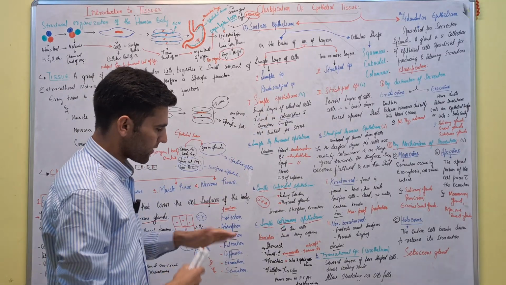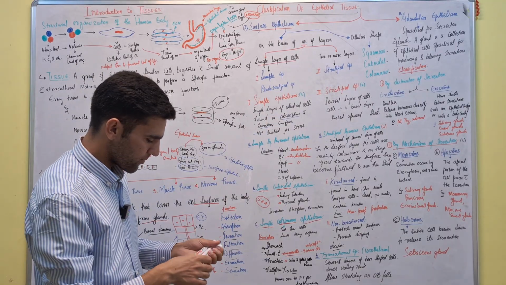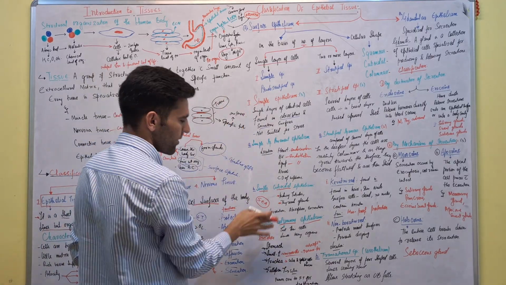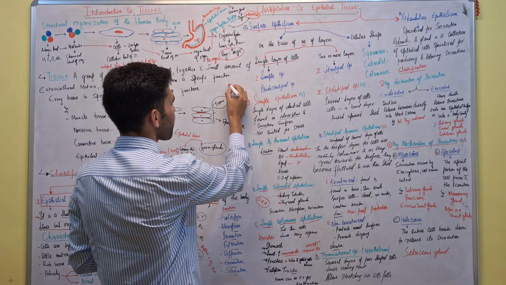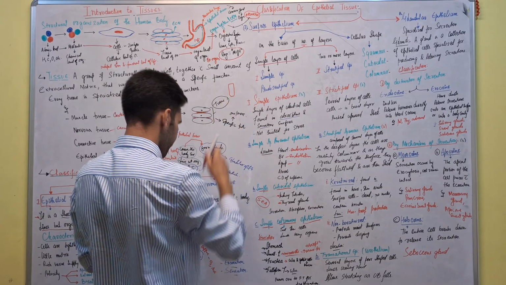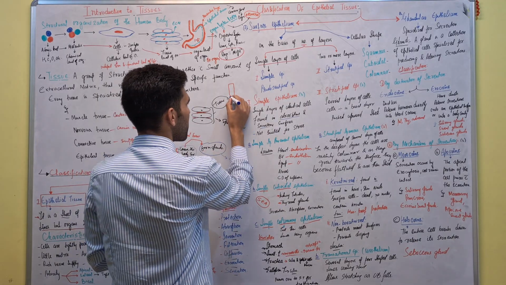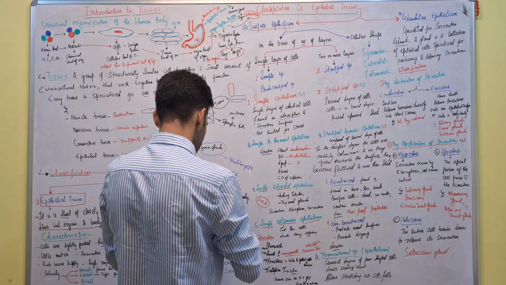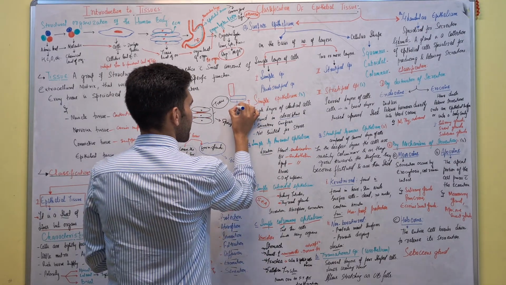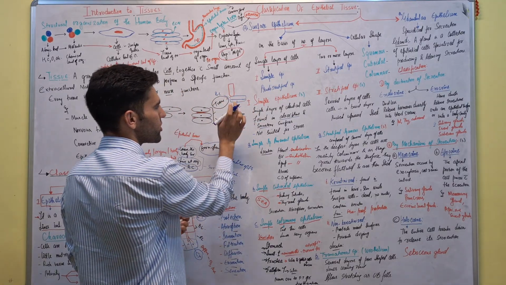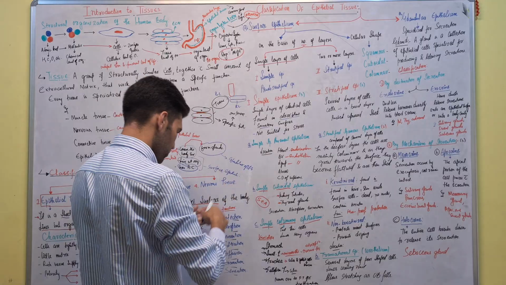Now when we look at simple epithelium under the microscope, sometimes the cells appear like this. They have a basement membrane. For example, this is the epithelium. This is the basement membrane. This is the reticular lamina and this is the basal lamina. This is formed by epithelial tissue itself and this is formed by connective tissue.